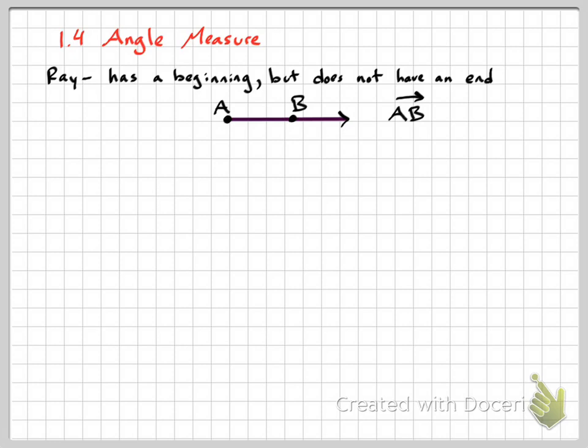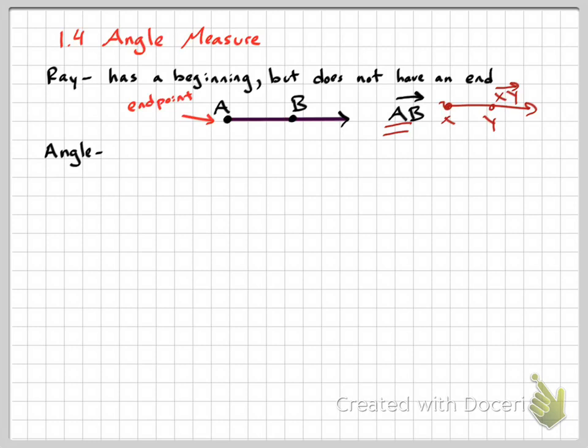And make sure that whatever the ray is, the endpoint is always in the beginning of the name. So if I was to draw in another ray like this and throw an X and a Y, that would be ray XY. And it has to start with X because X is the endpoint of that ray.